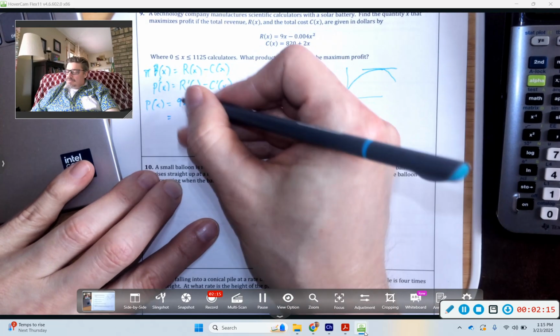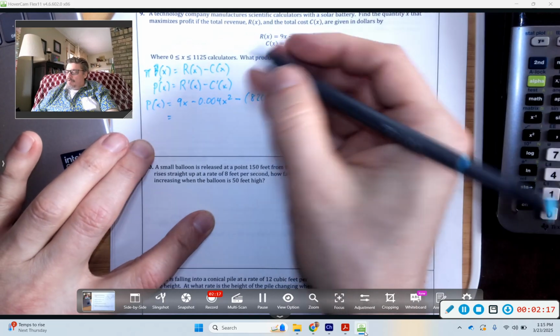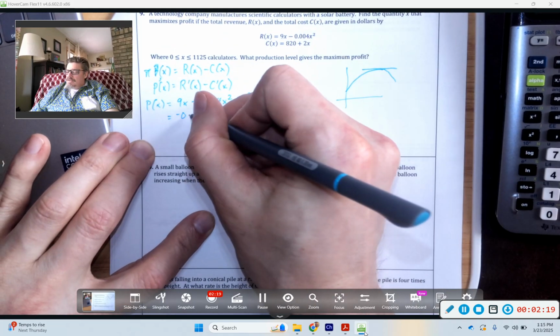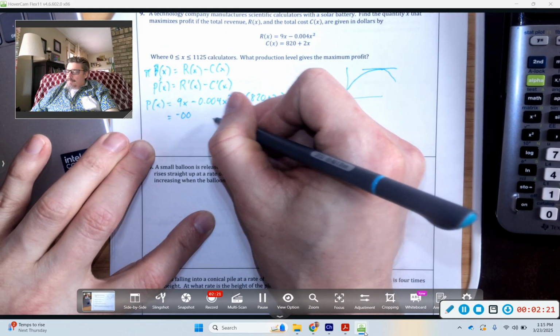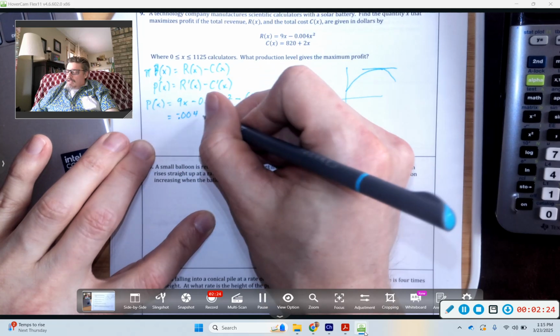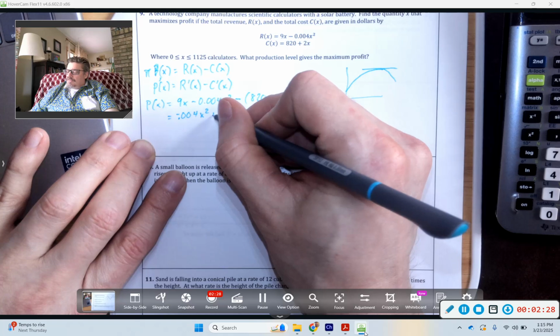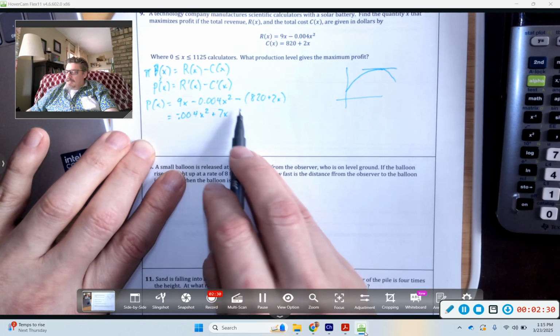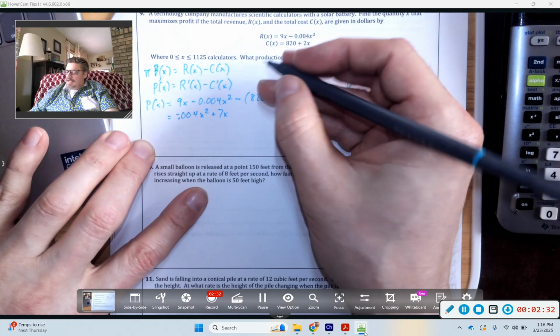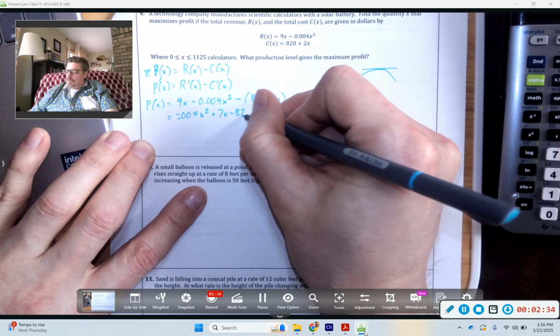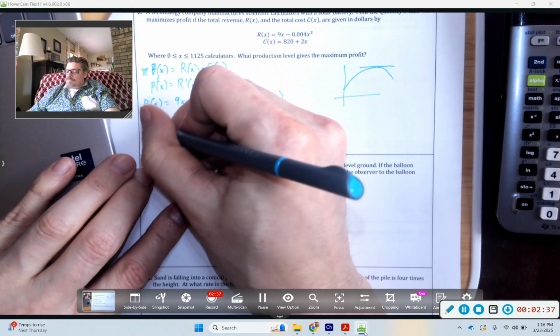Putting these in order, we get negative 0.004x squared plus 7x, because 9x minus 2x is 7x, and then minus 820. And what we want to do is take the derivative.